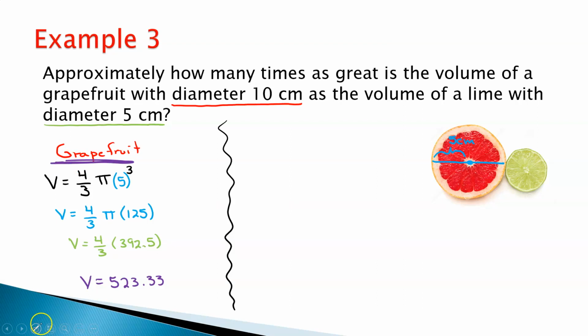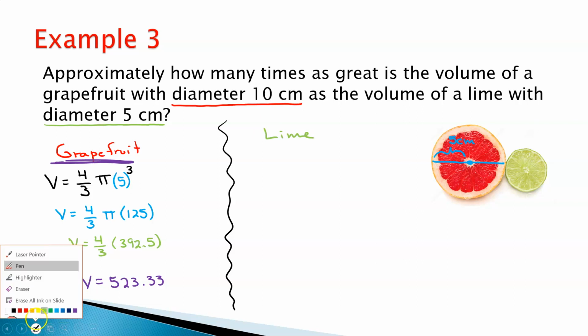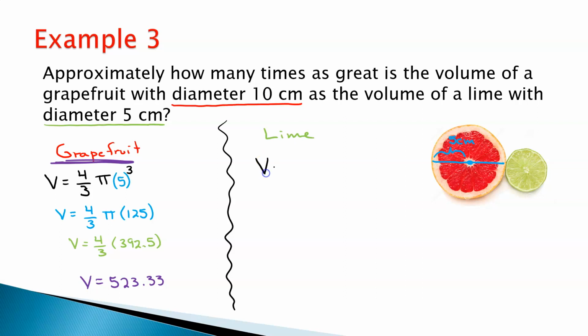Now let's see what is the volume of this lime. Again, let's imagine this was a perfect sphere. Volume is equal to, again, 4/3 pi r to the third power. Let's go ahead and replace that r with the radius.